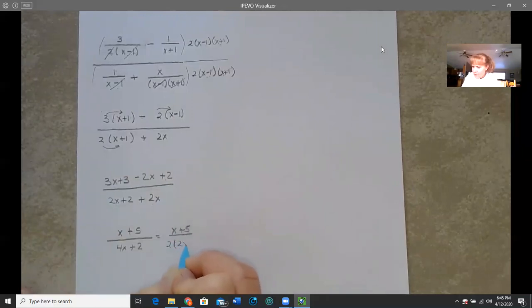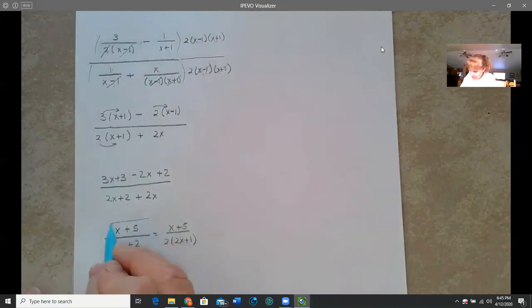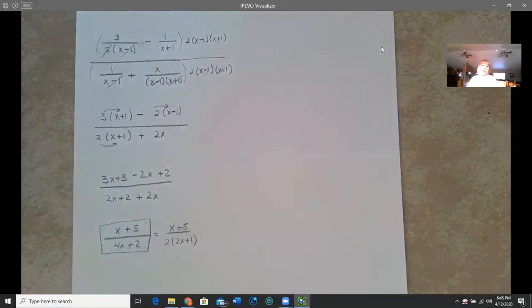That would leave you with 2x plus 1. And again, multiply through to make sure you come back to the original. But nothing cancels. So the x plus 5 cannot cancel with the 2x plus 1. So this would be your answer for that one right there.